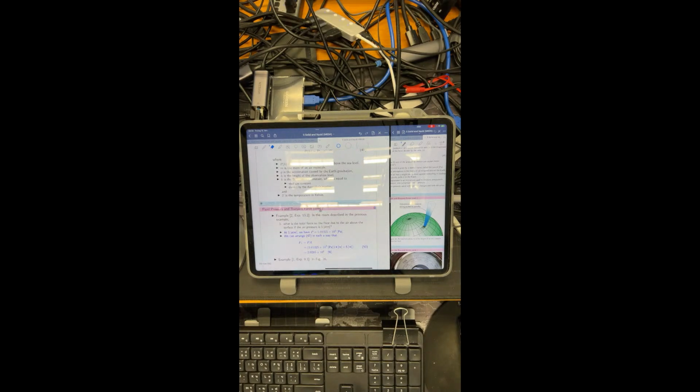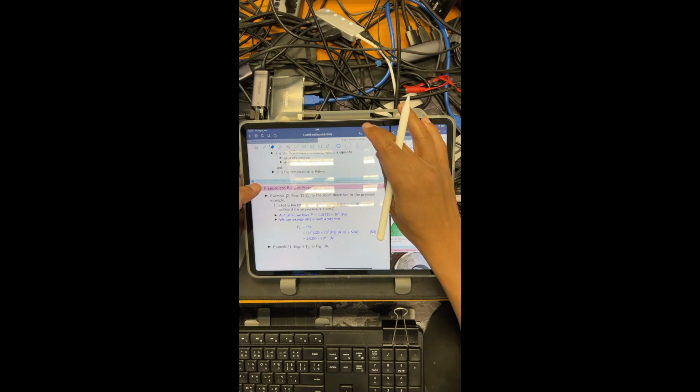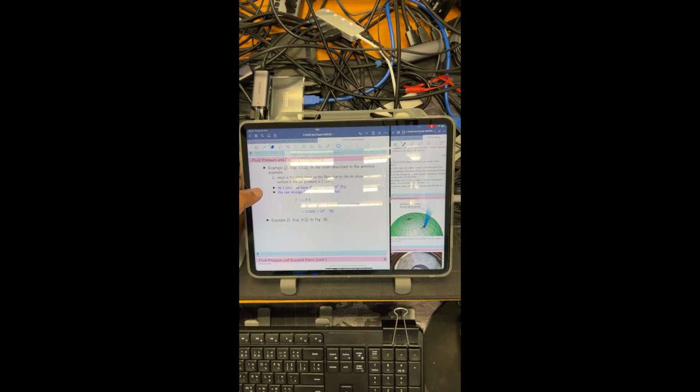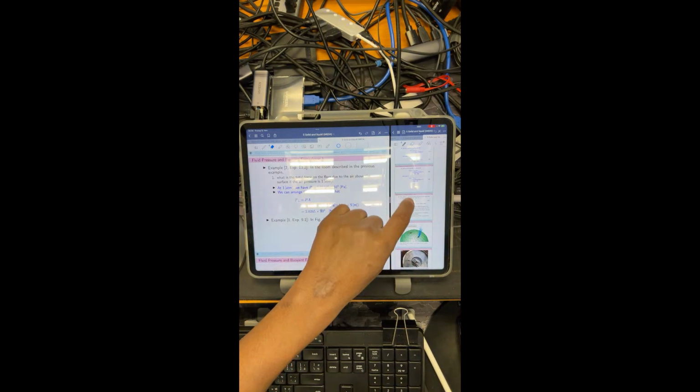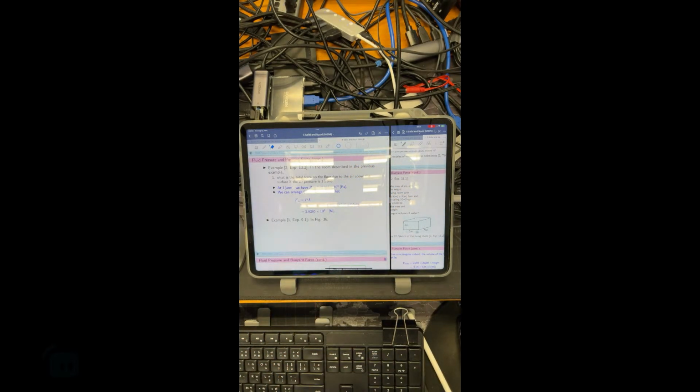Let's get into the first example about the atmospheric pressure in the room described in the previous example. Like in this example here, we have 5 meters of width, a length of 4 meters, and a height of 3 meters.